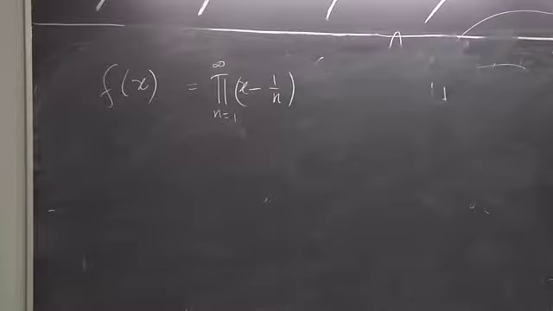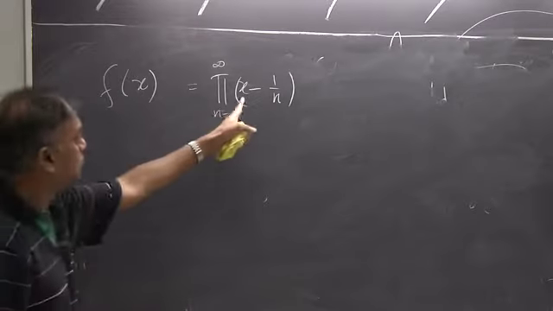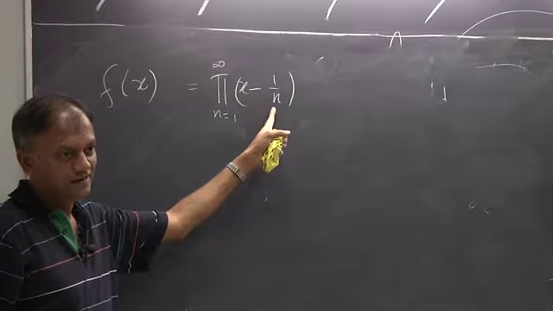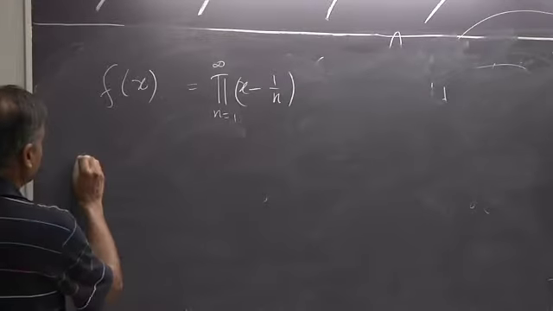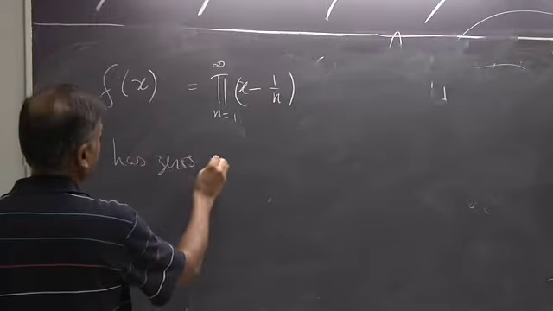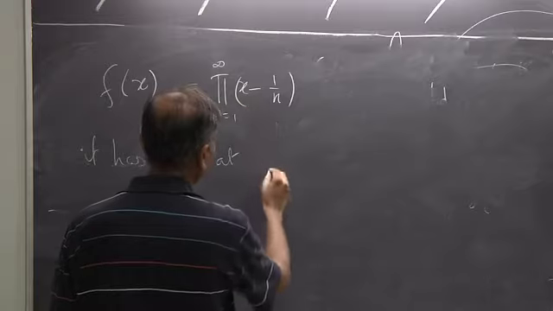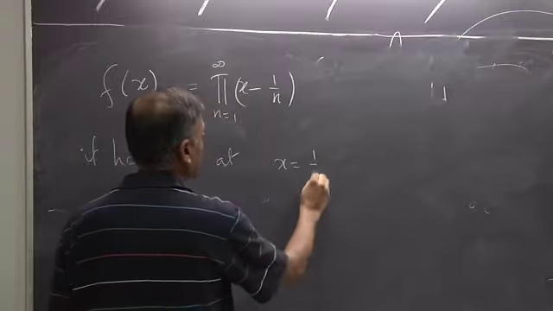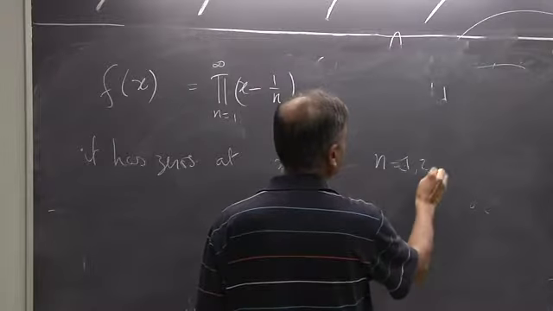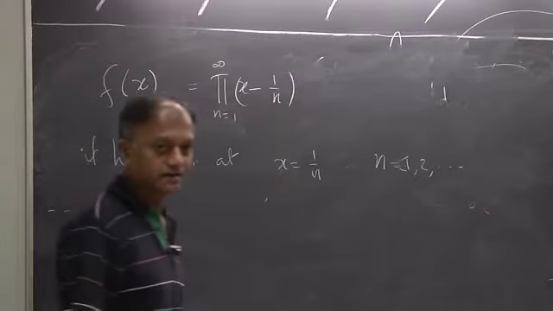Consider a function like this. Now, this function has a zero at x equal to 1 over n, for any integer n, right. So, it has zeros at all the values x equal to 1 over n, for n equal to 1, 2, 3, all the way up to infinity, right.